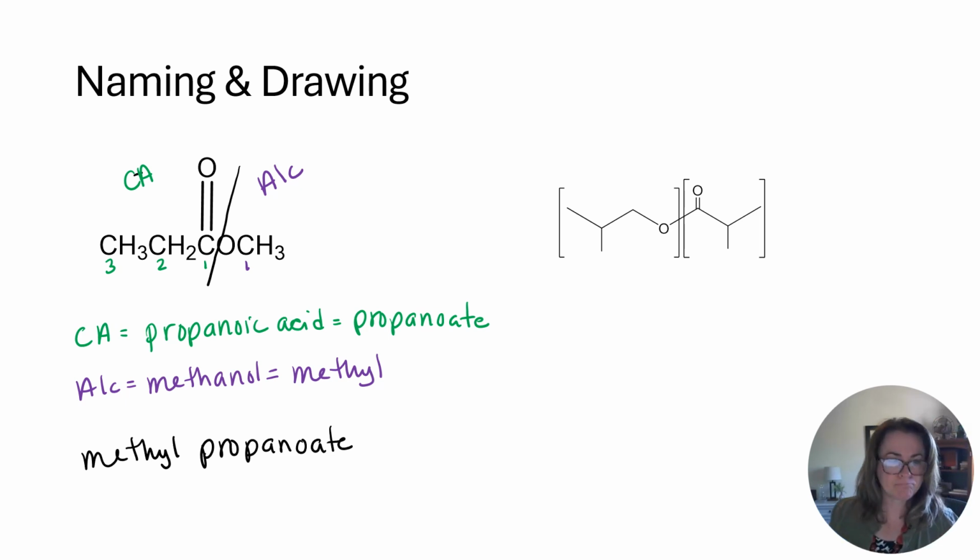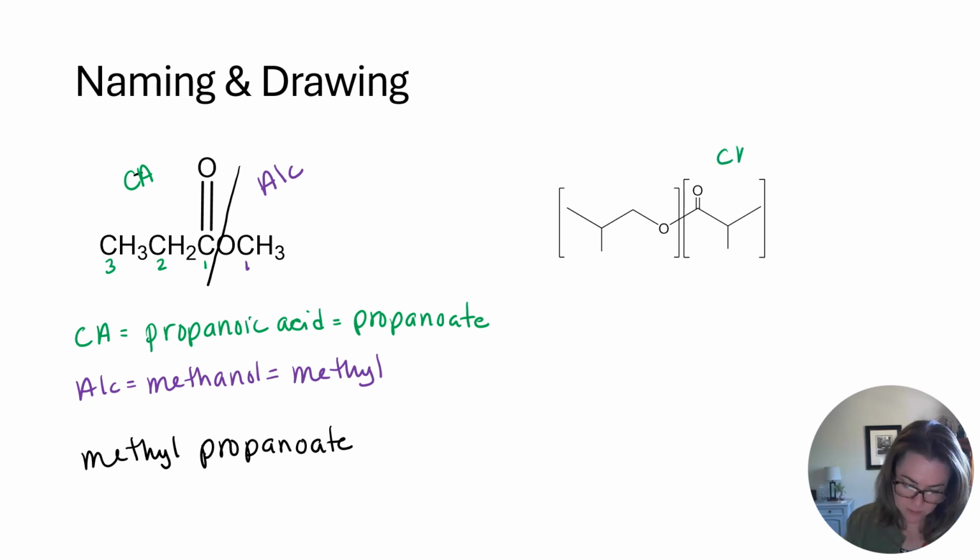All right. Well, let us move on to what appears to be an ugly beast. It's not that bad, I promise. All right, so again, first I want to identify my alcohol side and my acid side. The carbonyl is always the acid side.